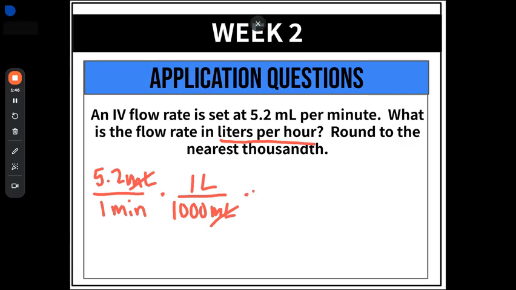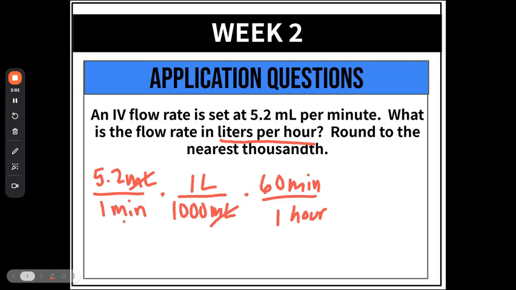Well, I know that there are 60 minutes in 1 hour. Same thing happens here. When I multiply by a specific unit on the top and the bottom, they actually cancel out.